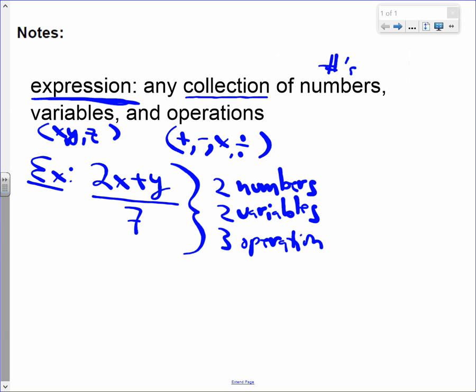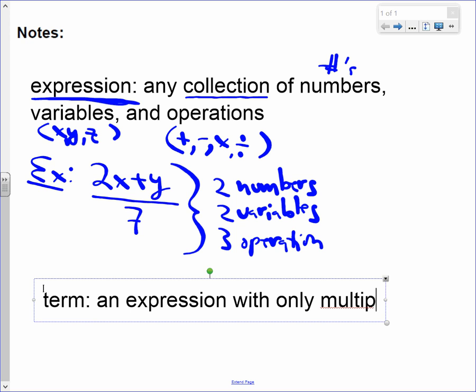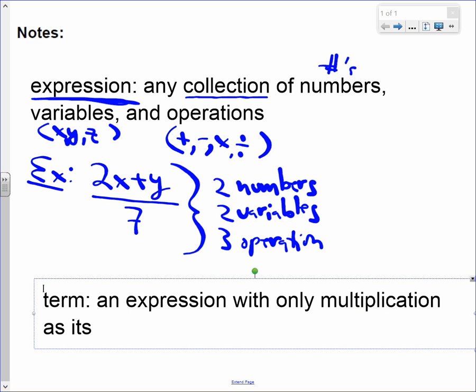Next word. The next word is a term. A term is an expression with only multiplication as its operation, or a number by itself.